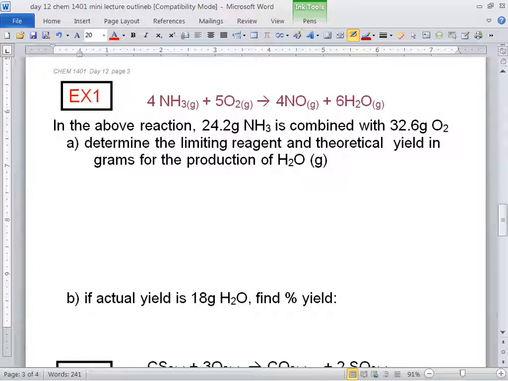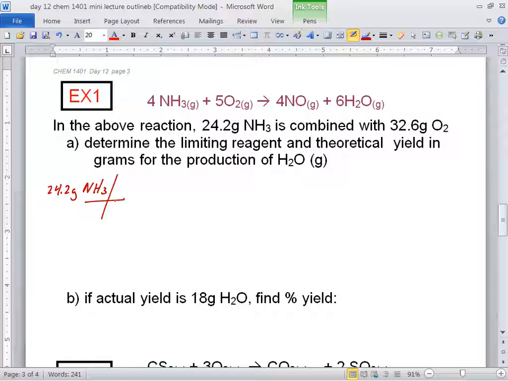What are they after? They're after water. So we need to convert the 24.2 grams of ammonia all the way to grams of, everybody? Water. So that'll be one thing you got to do.